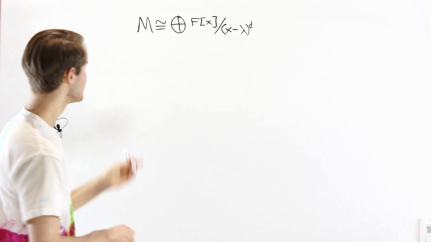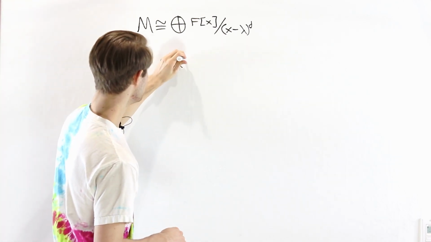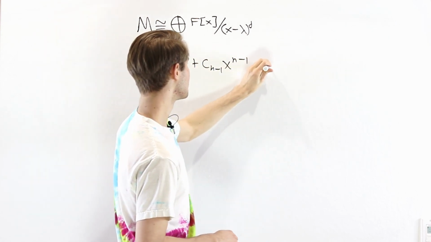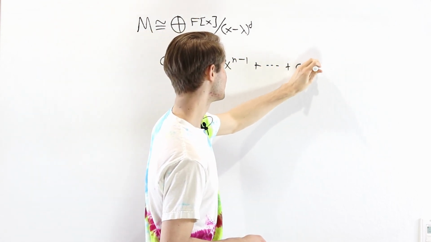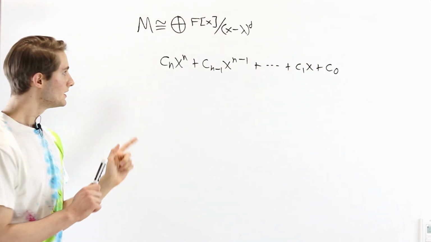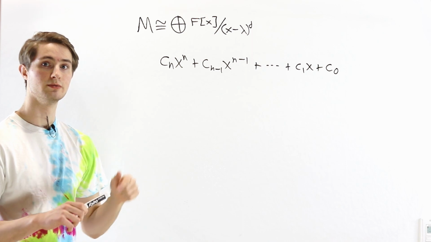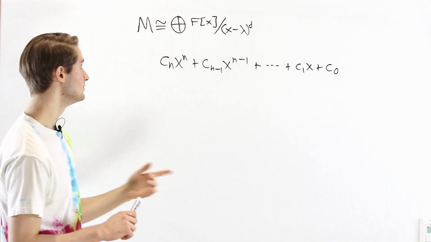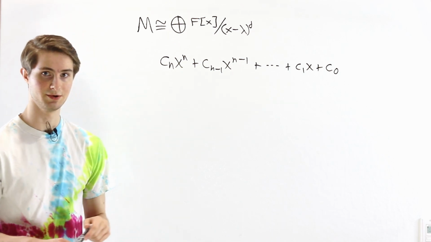So let's suppose we have some polynomial c_n x^n plus c_(n-1) x^(n-1) plus dot dot dot plus c_1 x plus c_0. Now, what we can do with this polynomial is repeatedly apply polynomial long division using powers of x minus lambda.